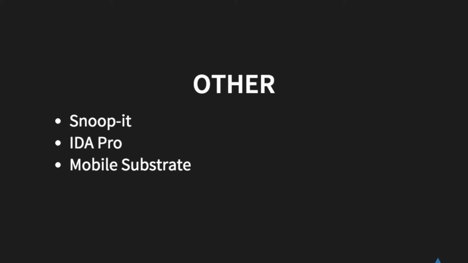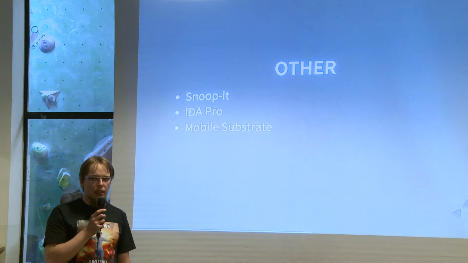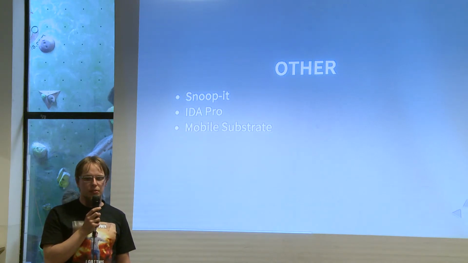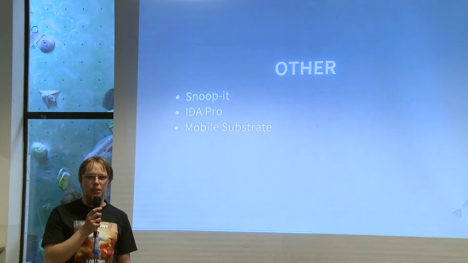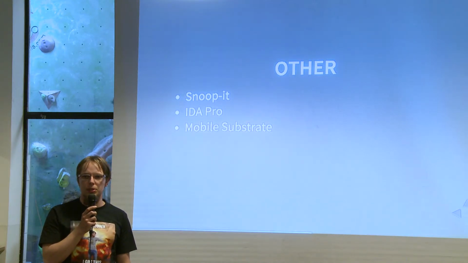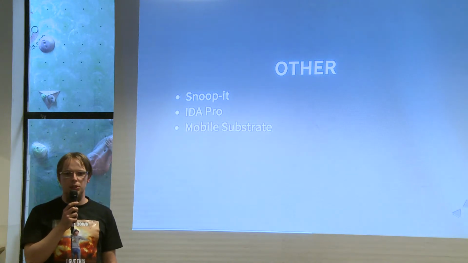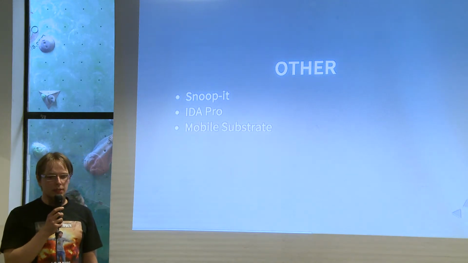But there are also some other tools. Worth noting are Snoopit and IDA Pro. This allows even further spoofing, because some applications require a specific location to run. Let's say we have some streaming service which runs only in the US. If the validation is done on the client side, it can be easily spoofed by one of these.